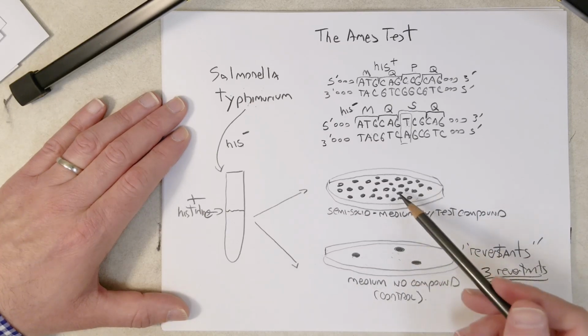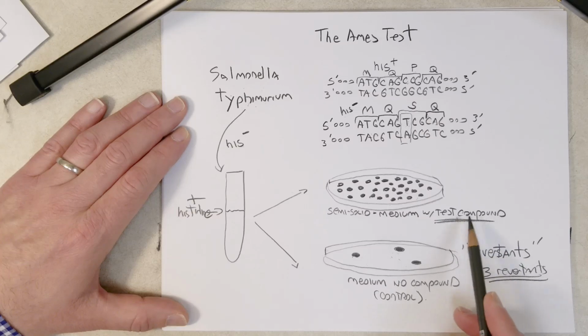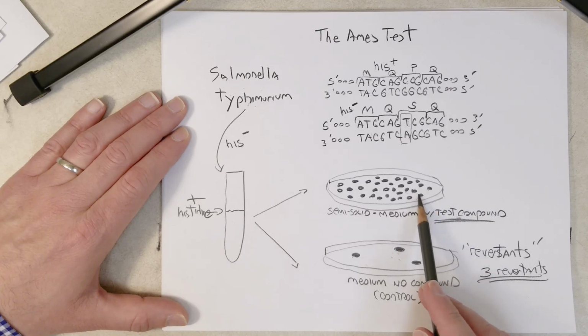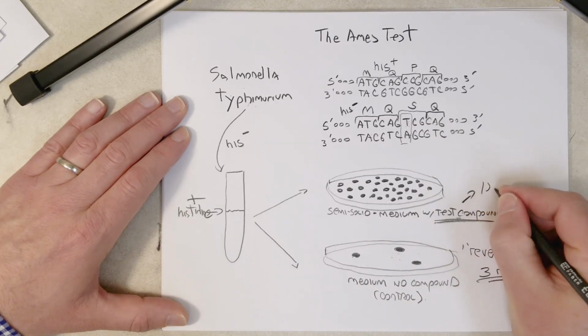And just by looking at these, you can say, oh yeah, okay. So this test compound is definitely causing more mutations in the bacterium than we would get without the test compound. So we'd say, yeah, the test compound is mutagenic.